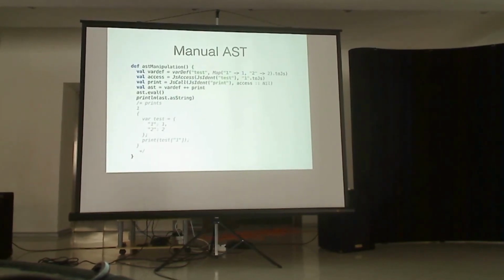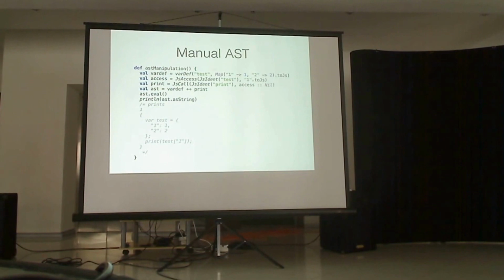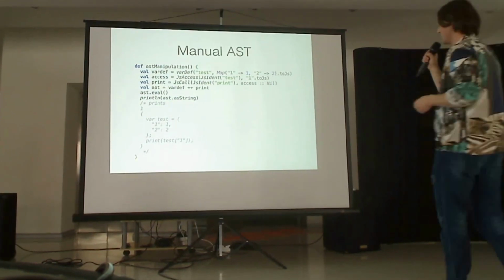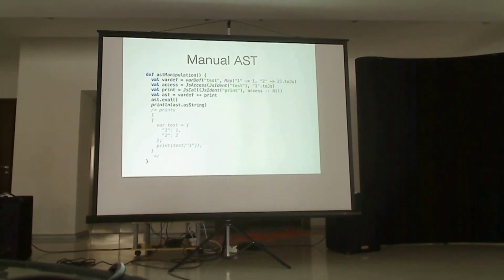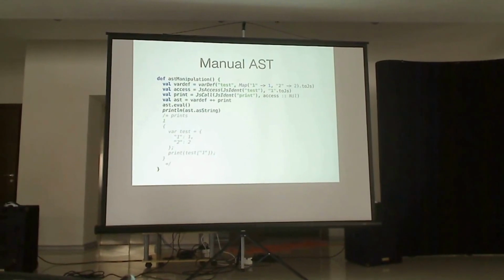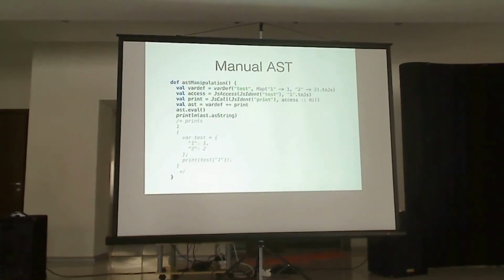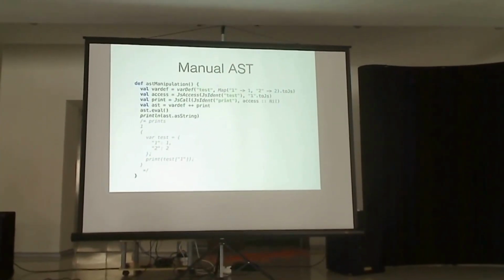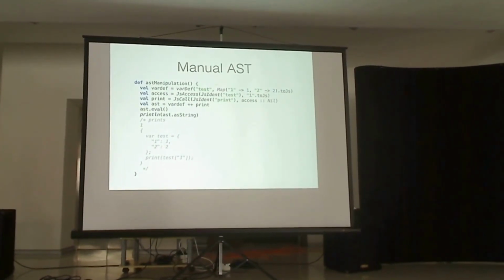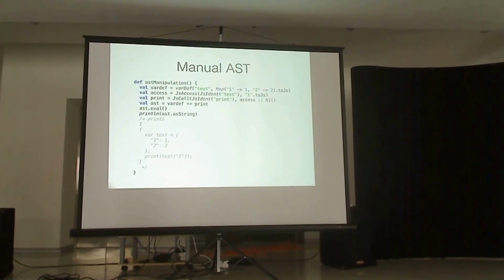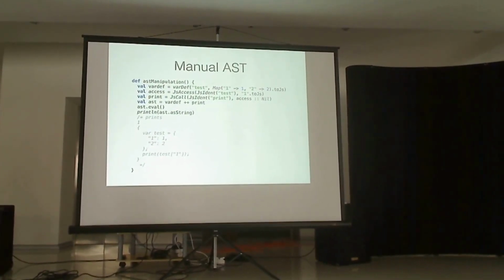So, first of all, we can use it for manual AST transformations. We can define a variable called test and say it's going to be a map. We can use JS to create it, or we can do a list kind of programming and create those ASTs by ourselves.